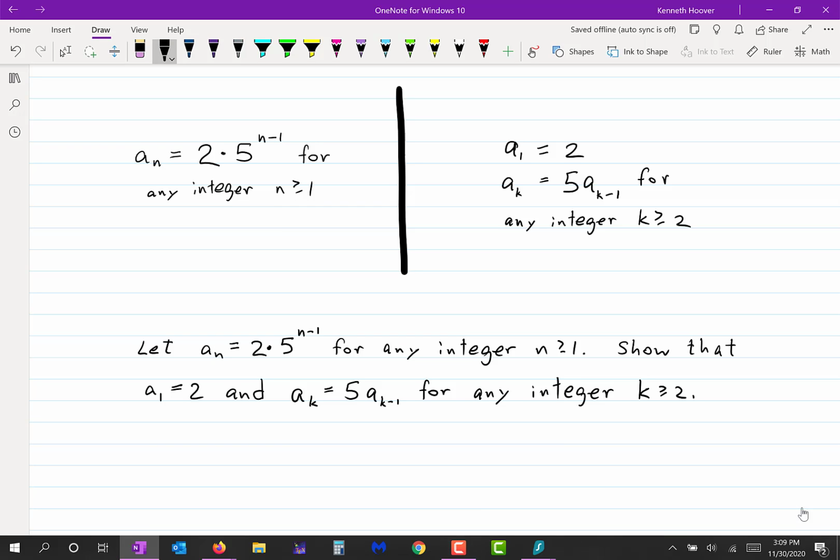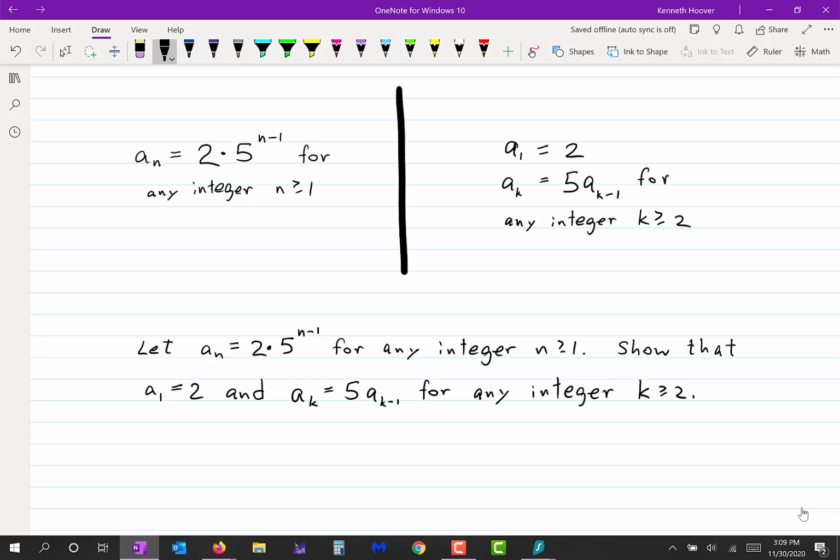Okay, see how I've written it? Let a sub n equal 2 times 5 to the n minus 1 for any integer n starting with 1. Show that a sub 1 equals 2 and a sub k equals 5 a sub k minus 1 for any integer k starting with 2.